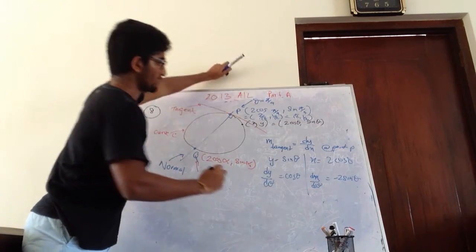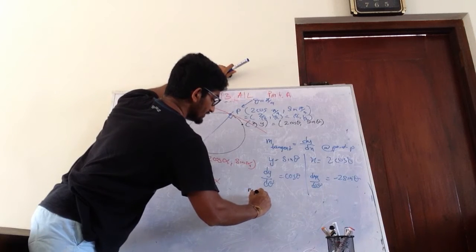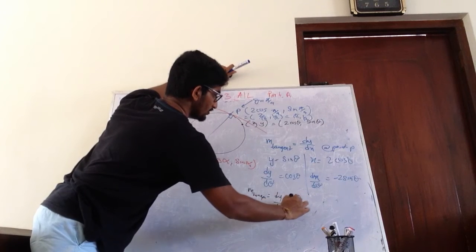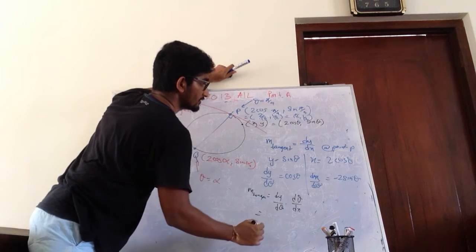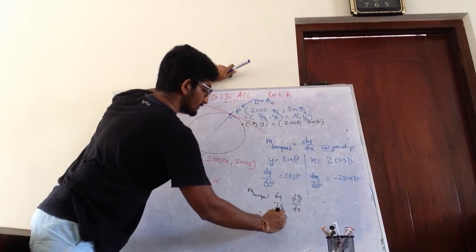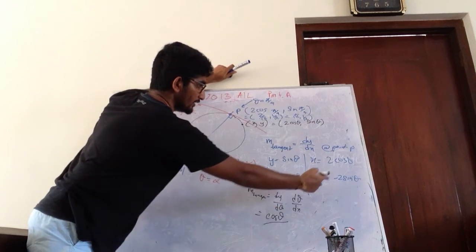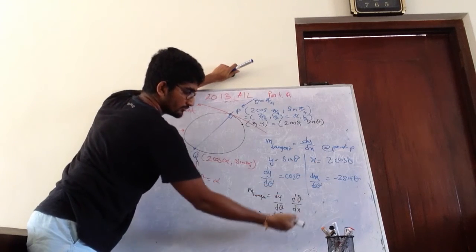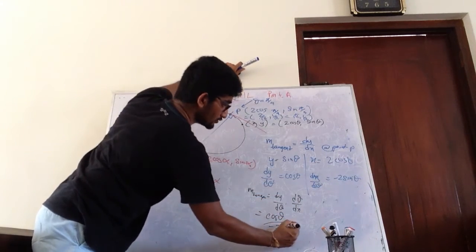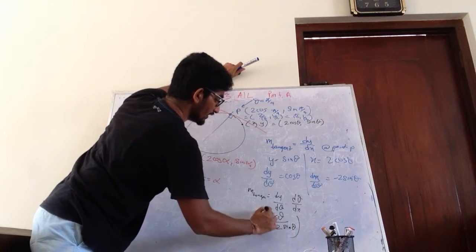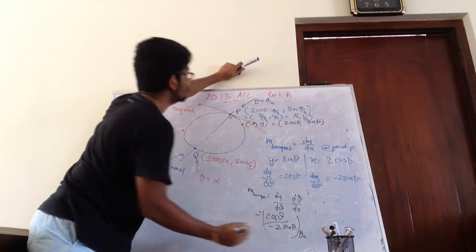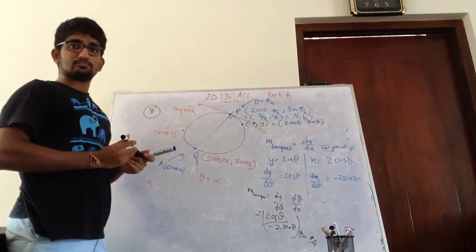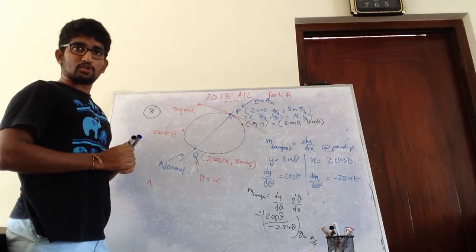Then m tangent will be dy over d theta times d theta over dx. That is cos theta divided by minus 2 sin theta, when theta is equal to pi over 4. Correct?